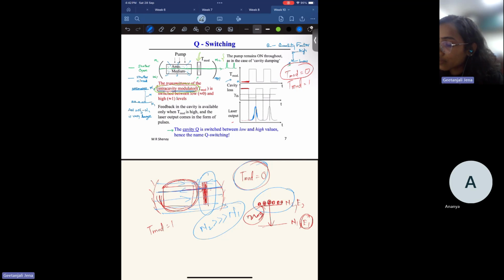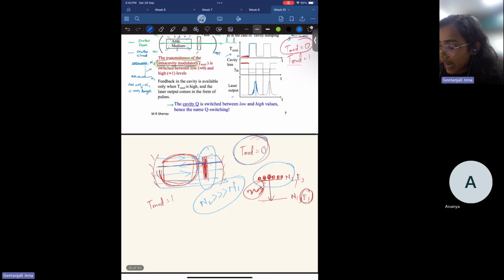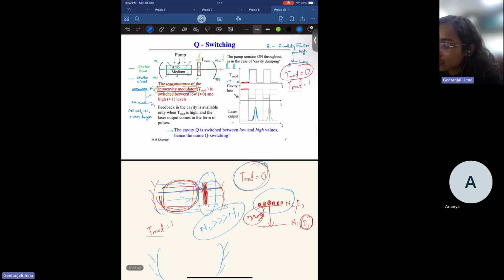And now what we'll do, we'll again close the shutter. Because of closing the shutter, what will happen? The light that was oscillating back and forth inside these two mirrors will be blocked by this intracavity modulator, and it will stay inside this active medium. Because of this, we'll see a gradually decreasing trend of this laser output.